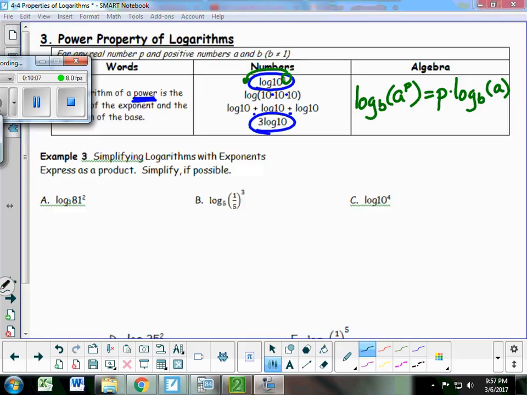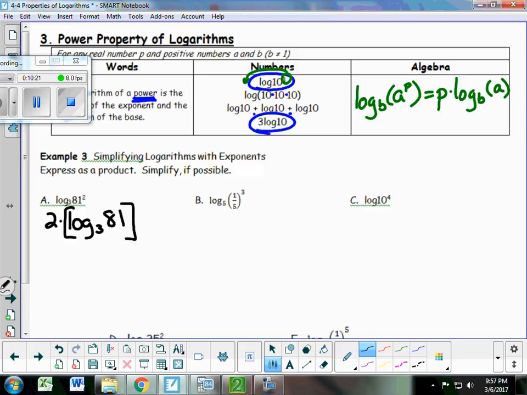So first off, we can bring this 2 out in front. So 2 times log base 3 of 81. All right, now let's look at this logarithm and see if we can actually simplify that. So that would be 3 to some power is equal to 81. And the power that works there is 4.